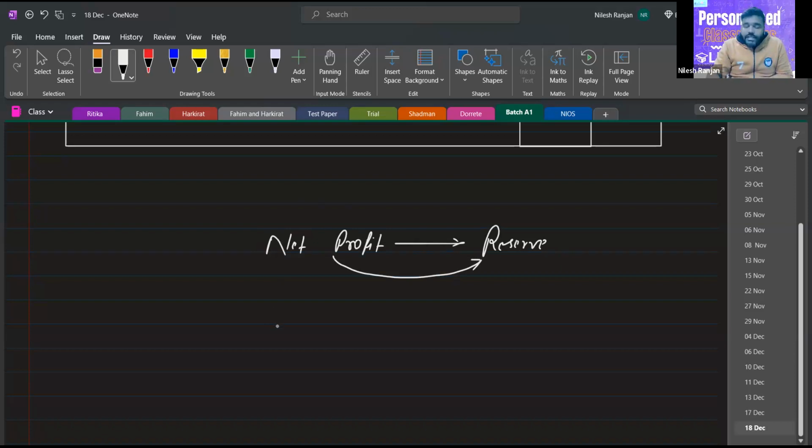So if there is any increase in general reserve, then it is due to transfer to reserve from the statement of profit and loss. So that's why this reserve is just a transfer from one account to other account. It is not going out from the business. Yes or no?